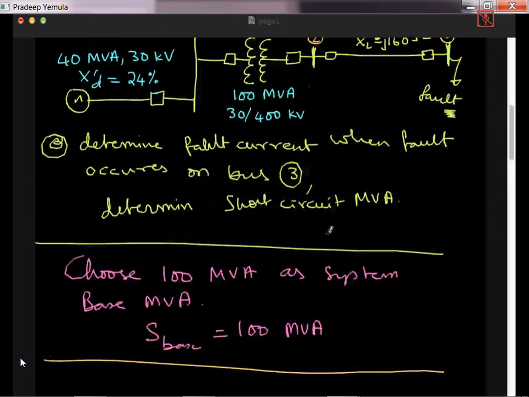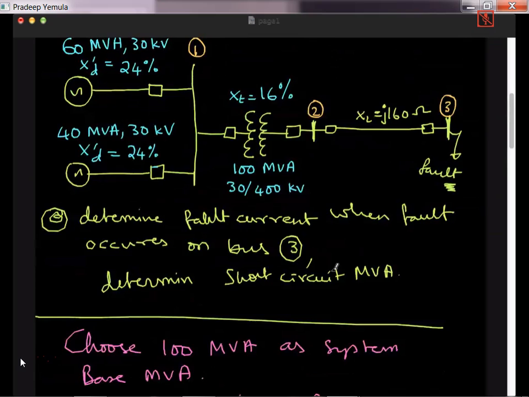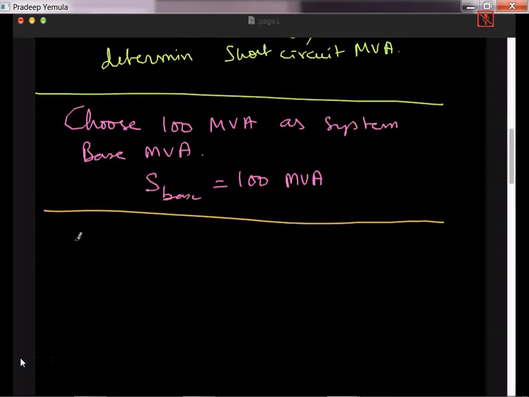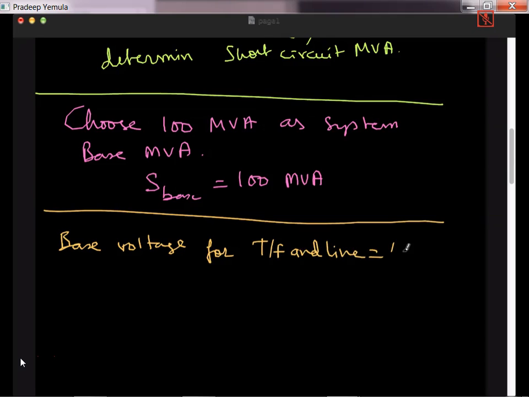So I hope we are clear up to here. So once I have chosen the 100 MVA as base, then the reactance I have to transform to the new MVA. So in this case the 100 MVA is base and 400 kV is the base voltage for, okay, so let me write that. So base voltage for transformer and line is 400 kV.